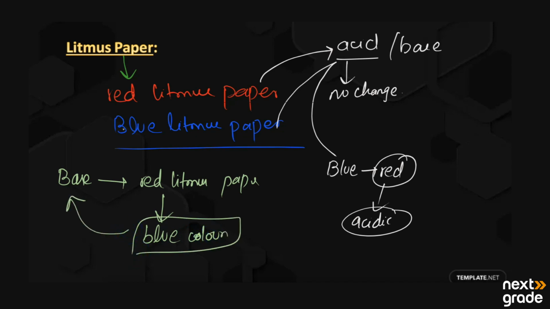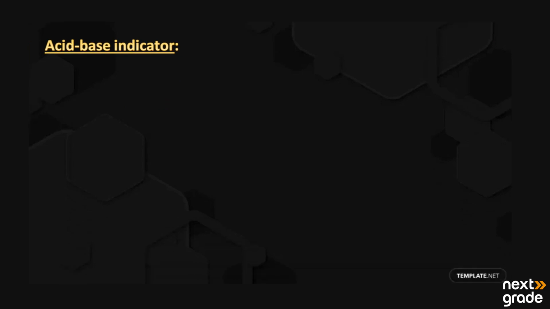If we dip blue litmus paper in a base, there is no change in its color. Basically, litmus papers are also small strips of two colors, one red and the second blue. So this is the litmus paper, and the last one we have is acid base indicators.